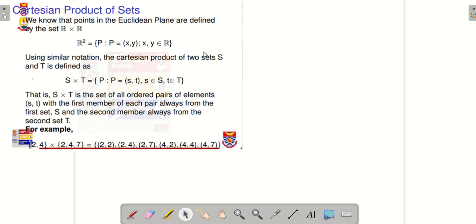In this section, we shall look at the Cartesian product of sets.